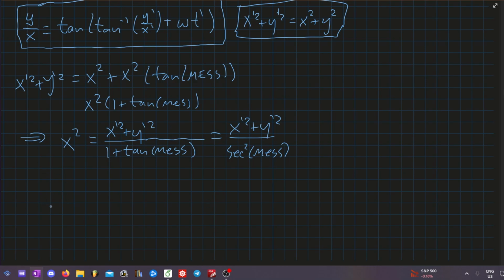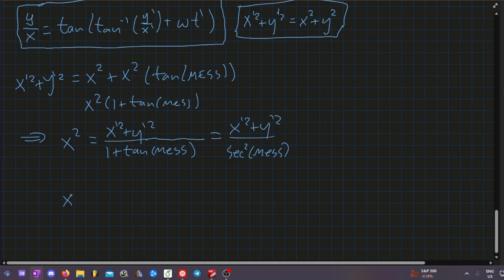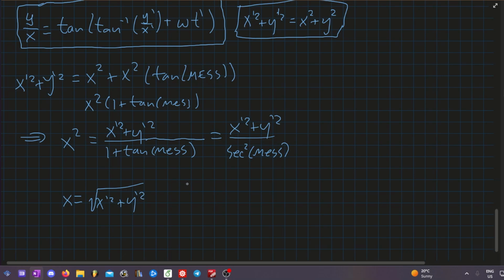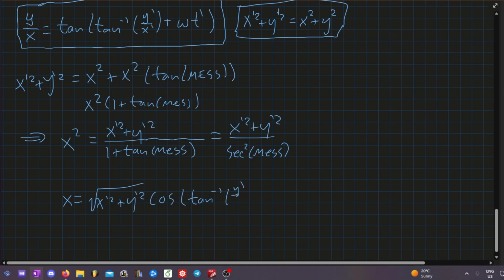So with this then, x is going to be the square root of x prime squared plus y prime squared times cos of the mess, but we can actually write this now, so tan to the minus 1 y prime over x prime plus omega t prime.